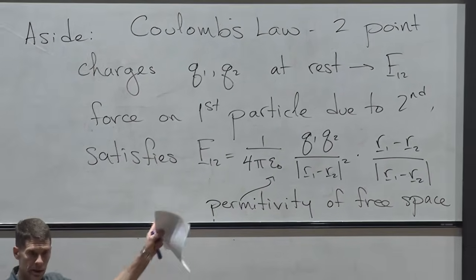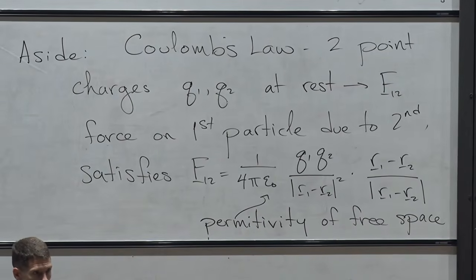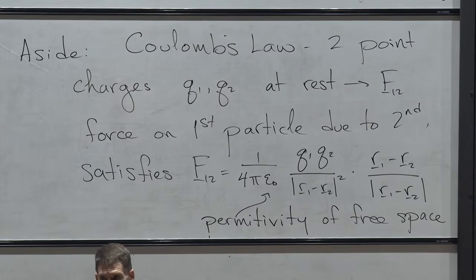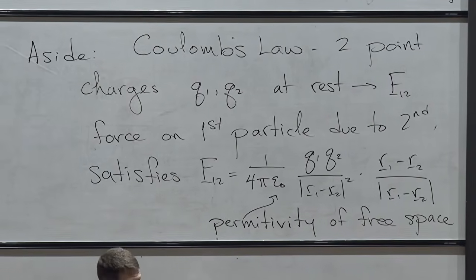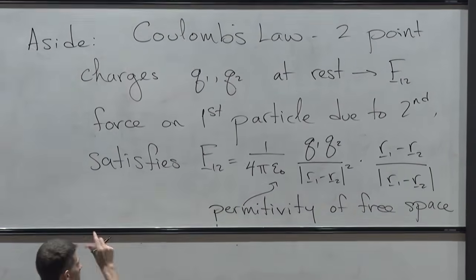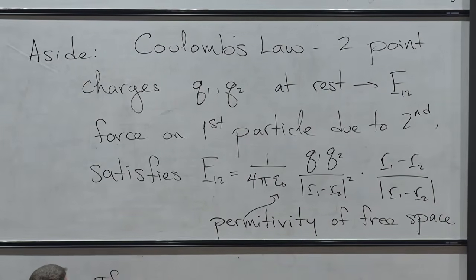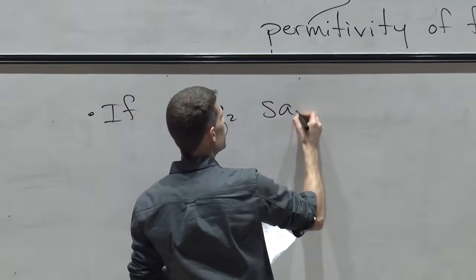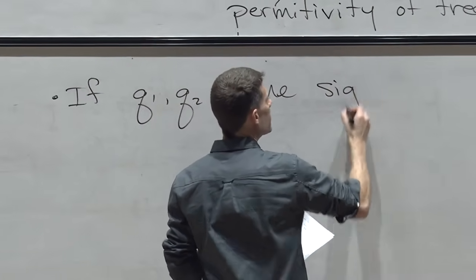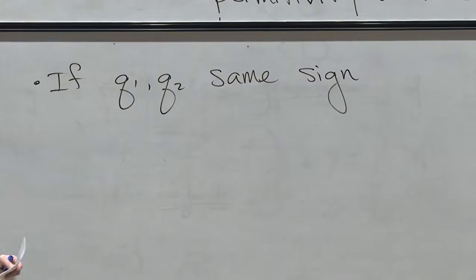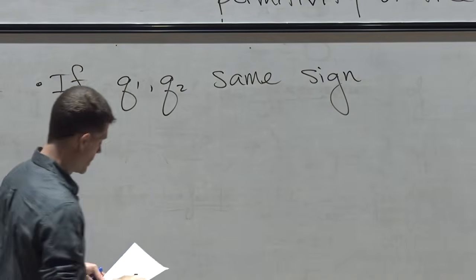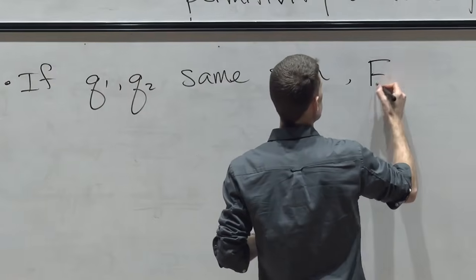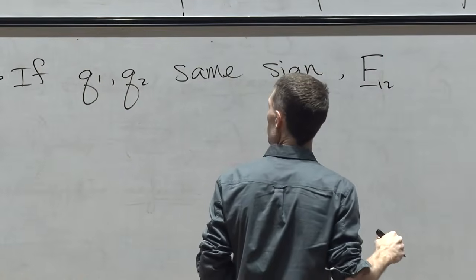The only difference between this law and the gravitational law is that Q can be positive or negative. So the charge can be a positive or a negative charge, which means that if Q1 and Q2 have the same sign, in other words, both charges are positive or both negative, then F1,2 is written that way.